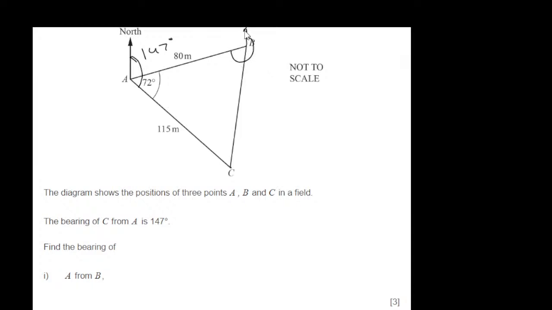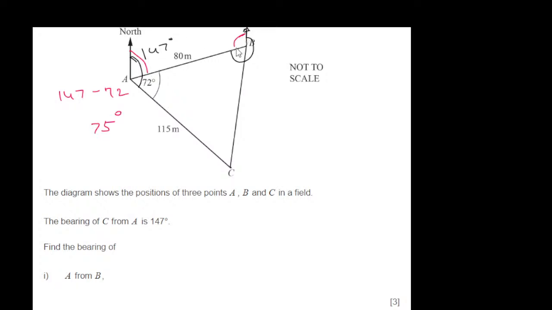We have to find bearing of A from B. So bearing of A from B, that means this particular angle I have to find out. Now again this is quite an easy problem. First here we can find out this particular angle. Now this particular angle is 147 minus 72. So 7 minus 2 is 5 and 14 minus 7 is 7, so 75. So this particular part is 75.